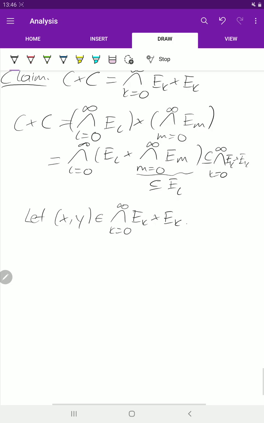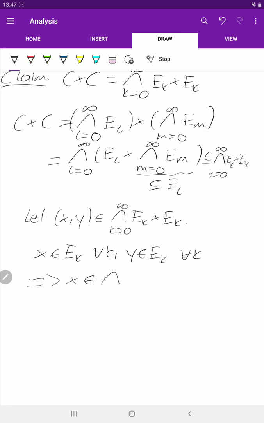So we get that x is in Ek for all k, and y is in Ek for all k, and so we get also that x is in this intersection here, and y is in this intersection.